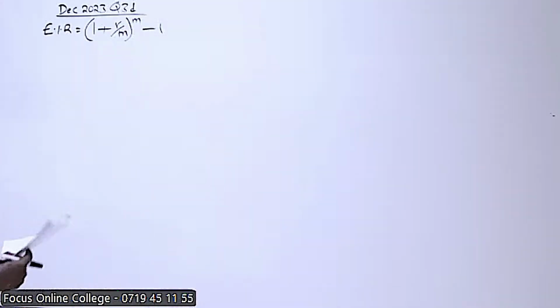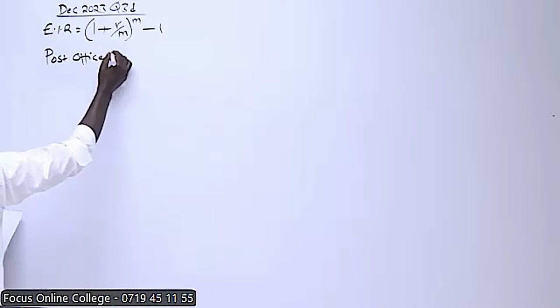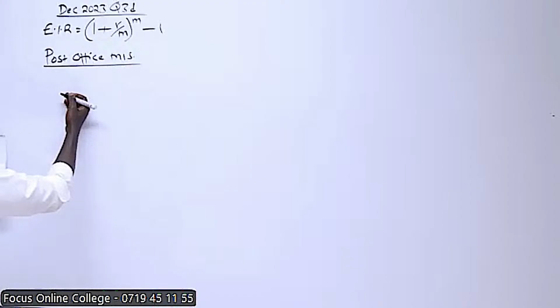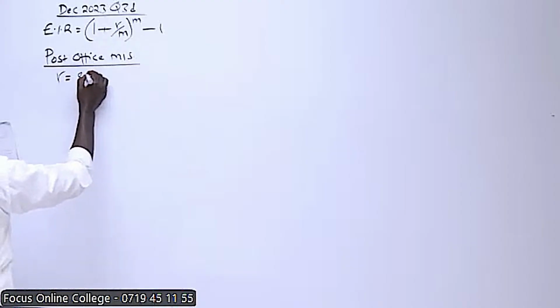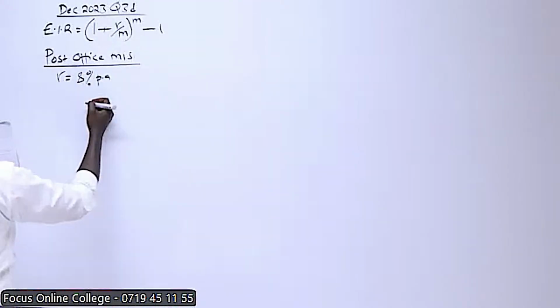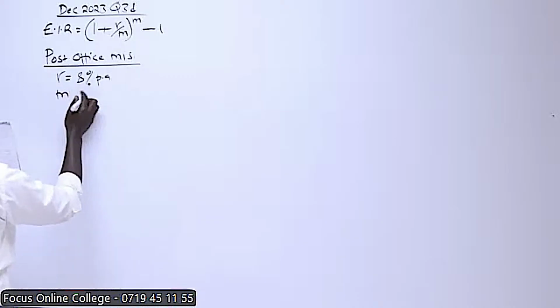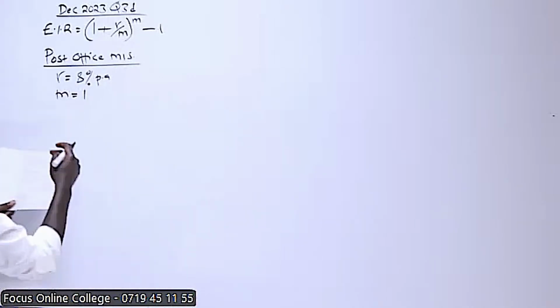So we compute the effective interest rate for each option, and we start with the post office MIS, where the nominal rate R is 8% per annum. M is the number of times interest is compounded in a year.